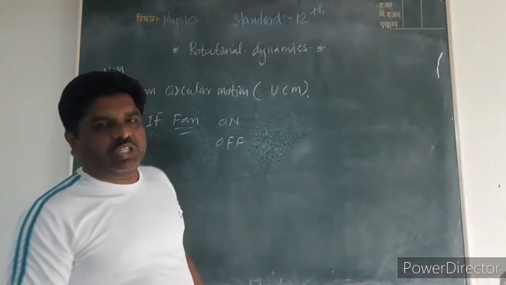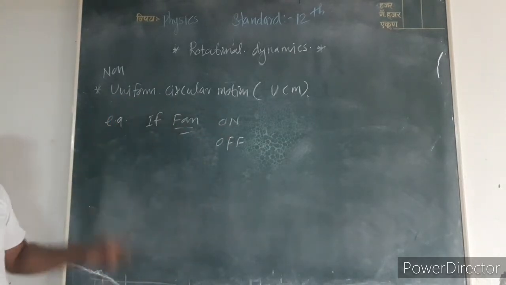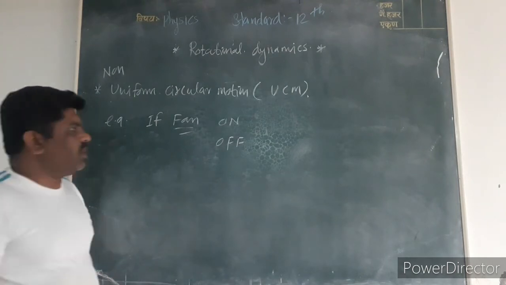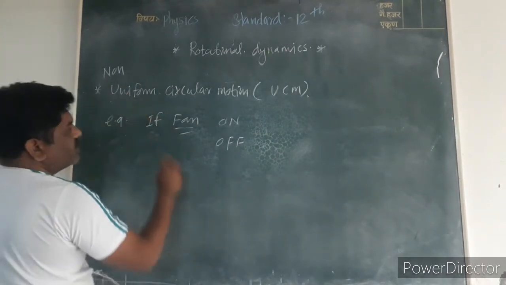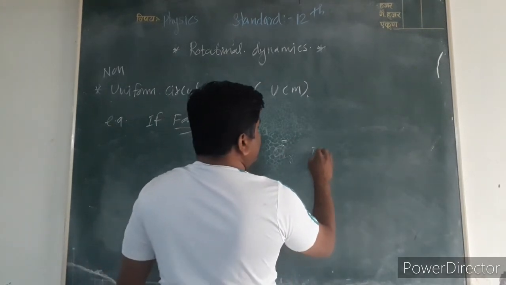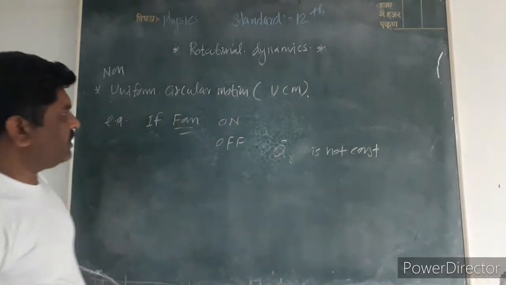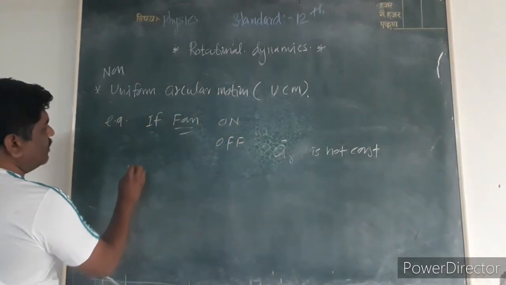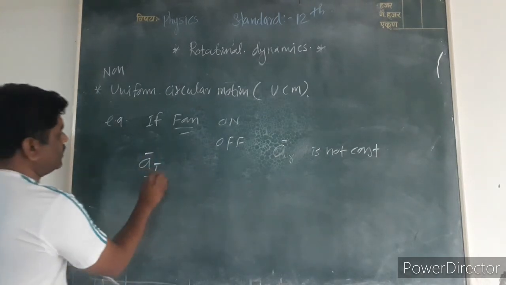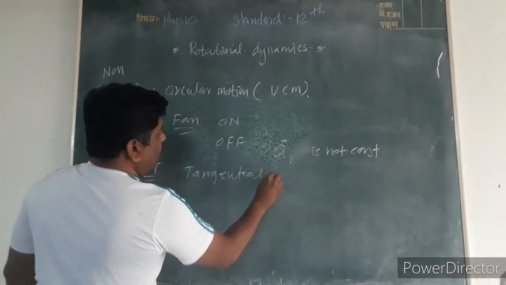That means the fan is an example of non-uniform circular motion. In non-uniform circular motion, the particle revolves around the circumference of a circle, but its speed is not constant. In this case the radial acceleration is not constant, hence there is another acceleration, we say a_t bar, and that acceleration is called tangential acceleration.